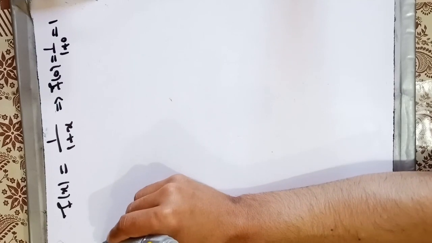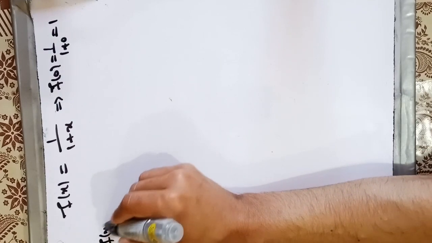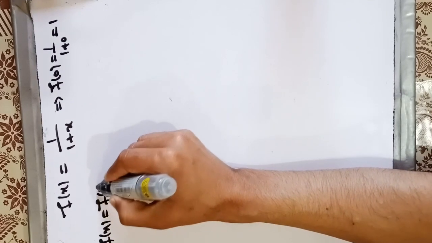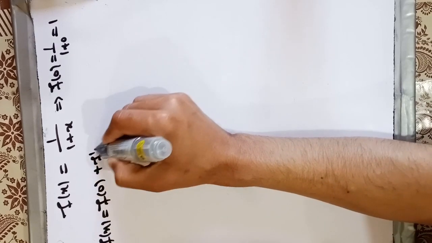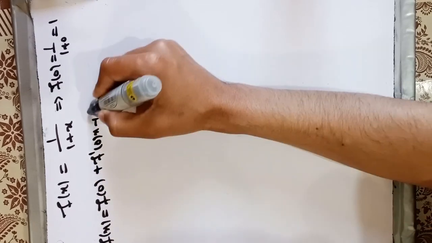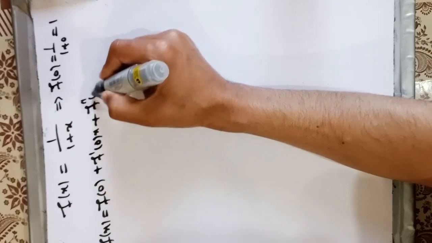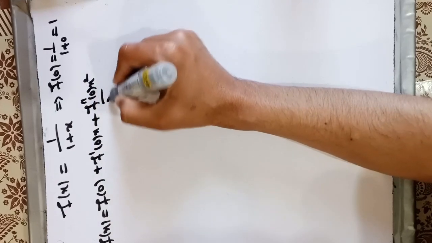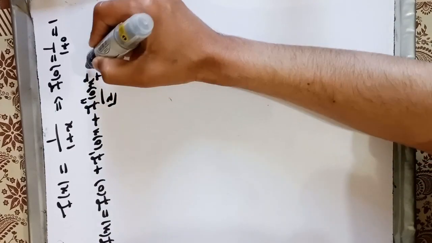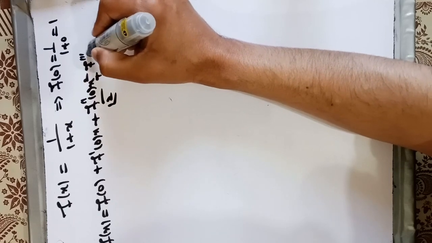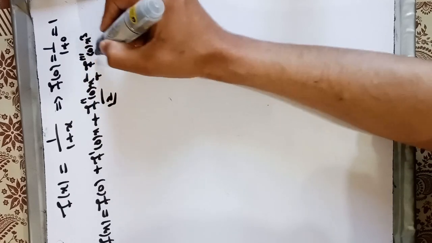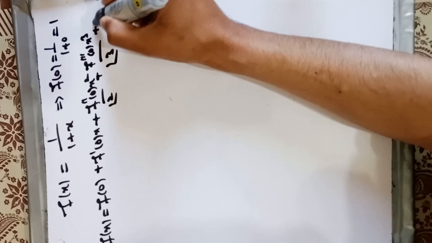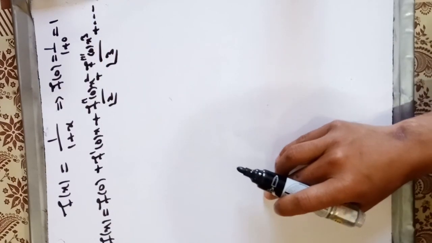And we already know the Maclaurin series of the function f(x) is equal to f at 0 plus f prime at 0 into x plus f double prime at 0 x square over 2 factorial plus up to so on, f triple prime at 0 x cube over 3 factorial up to so on.